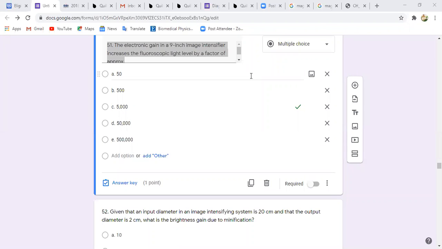But just for us to know the mathematics behind this, the brightness gain has to do with the brightness due to the magnification, because as something becomes magnified, it increases the brightness at the output end of the machine.